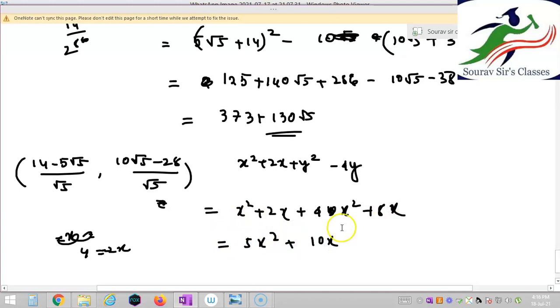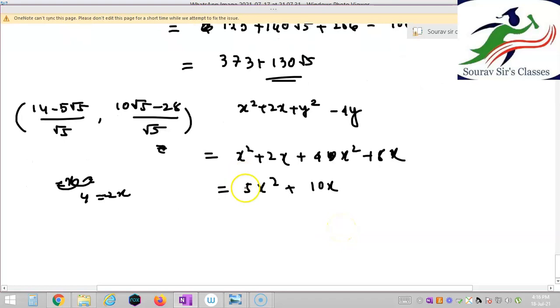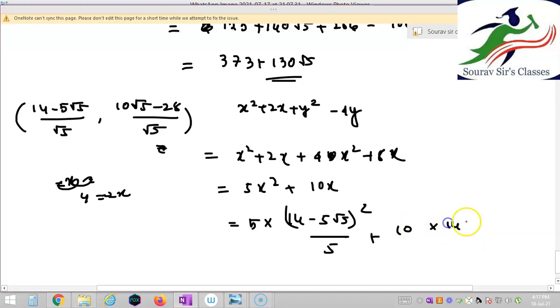So now we are going to put the values. So 5 into 14 minus 5 root 5 whole square by 5, plus 10 into x, which is 14 minus 5 root 5 by root 5.